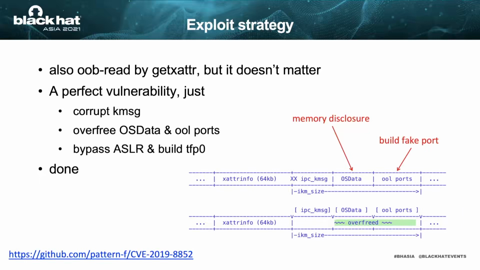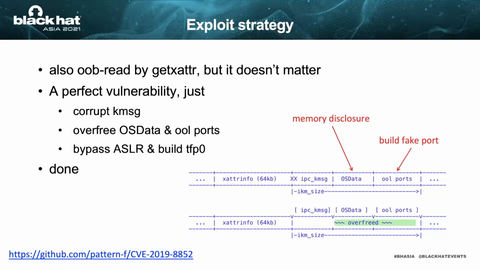Unlike the previous vulnerability, this one doesn't have as many limitations. It is a perfect vulnerability, and its exploitation process is simple. You just need to lay out the memory correctly, then craft the key message and forge a larger length. Then destroy this key message, making an overfree.